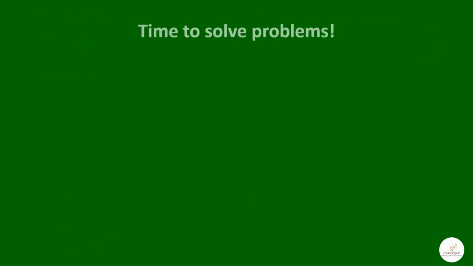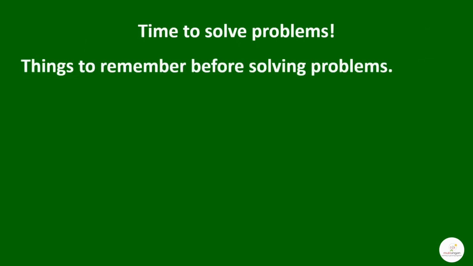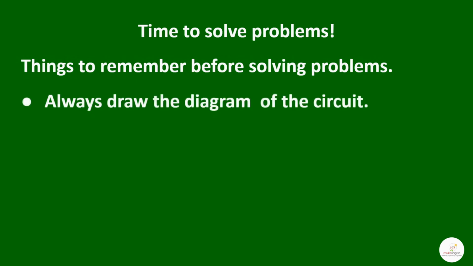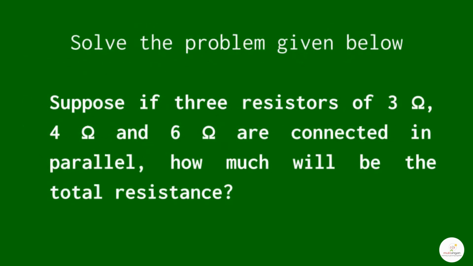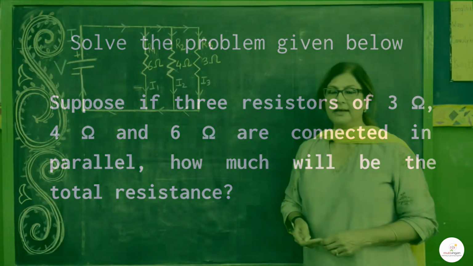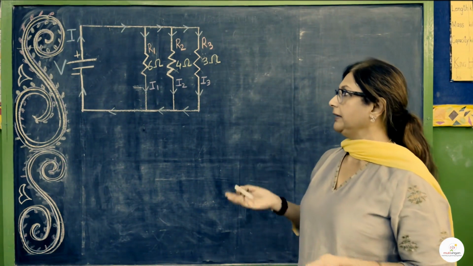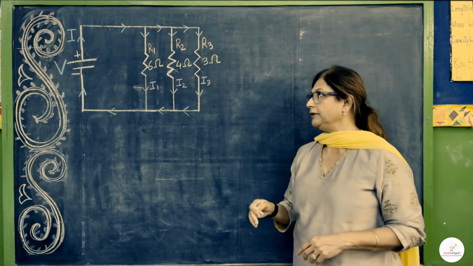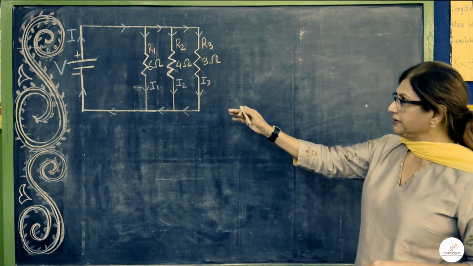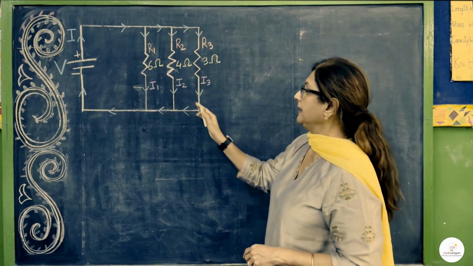And now it's time to solve some problems. But before solving, it is always a good idea to draw the diagram and write down all the information that has been provided in the question. So now that you have seen the question and the diagram is already drawn, it's time to solve it. So just look into the information that has been provided here.